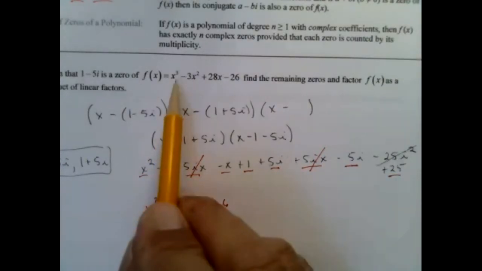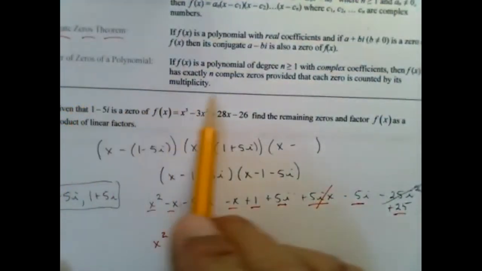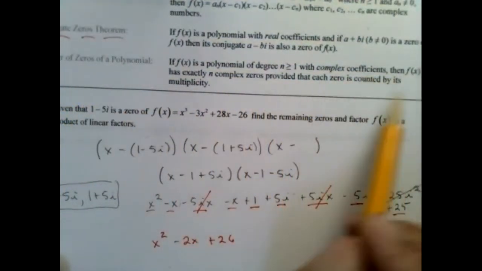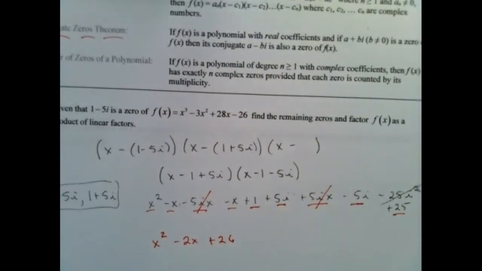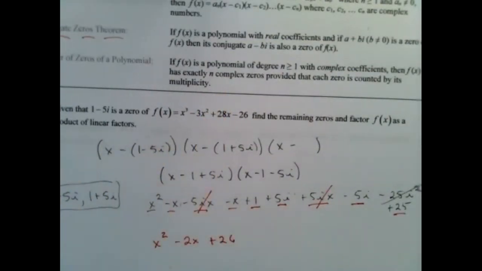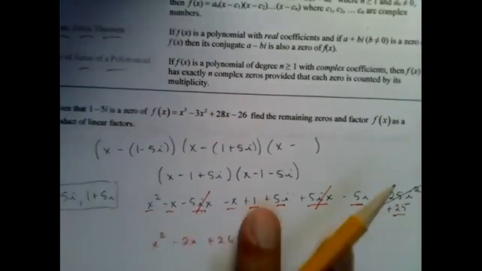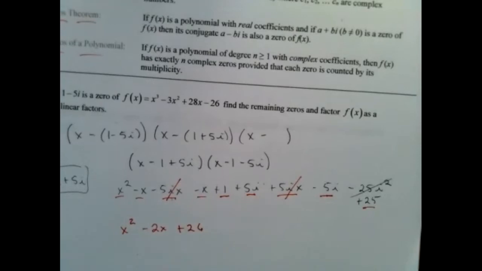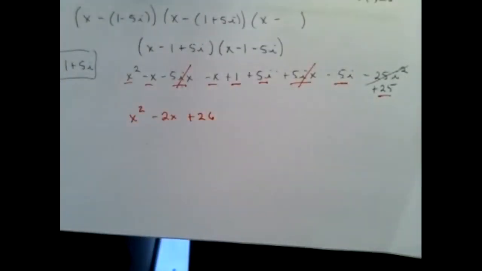I do know there's going to be 3 zeros, because this says that the number of zeros of a polynomial, if it's greater than 1, then there's n zeros. We already knew that. There's 3 of them. It just has an official name. I need to find that last one. It's not lost. I need to calculate, discover what it is.